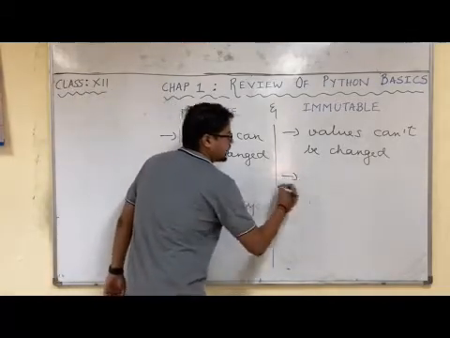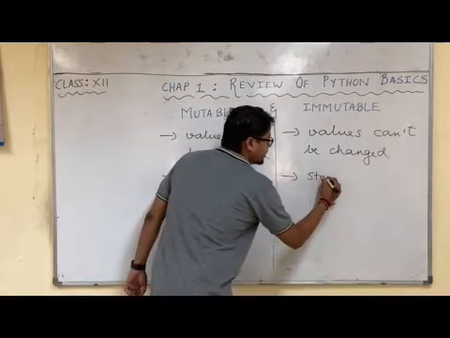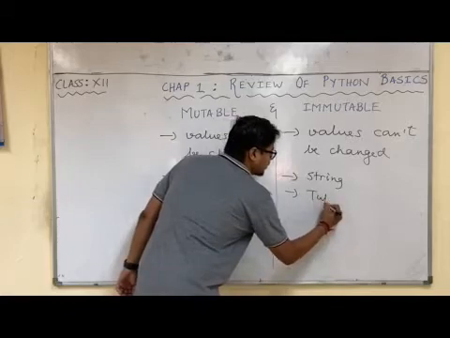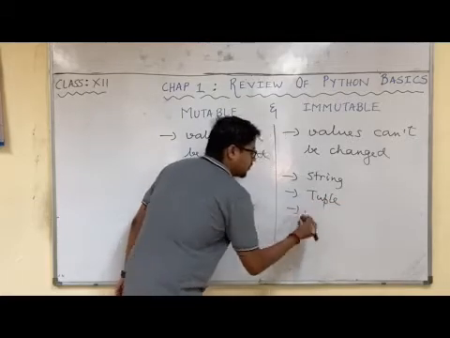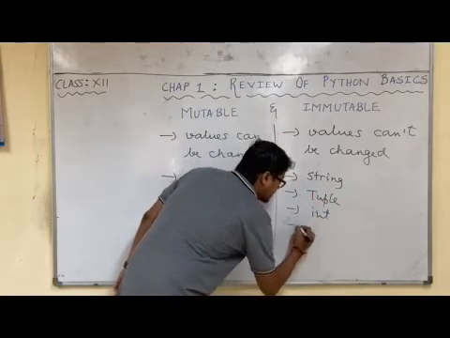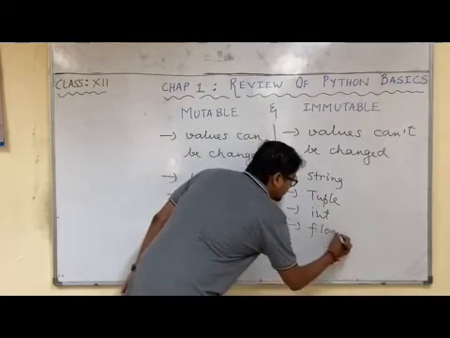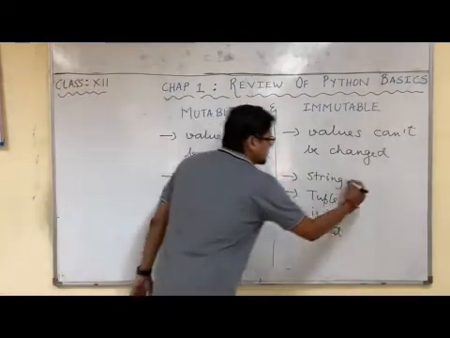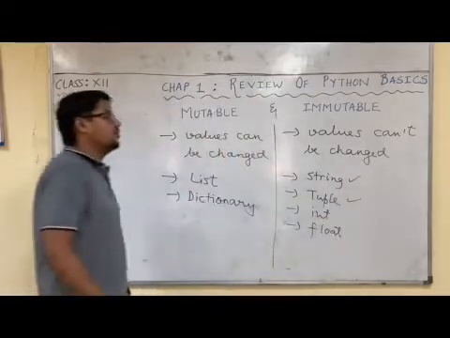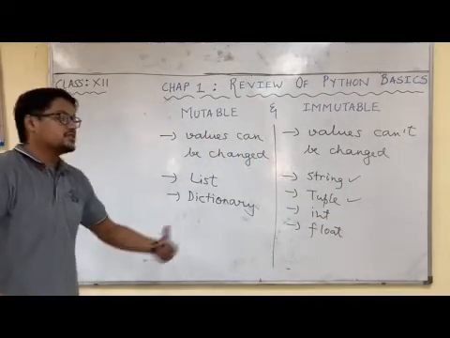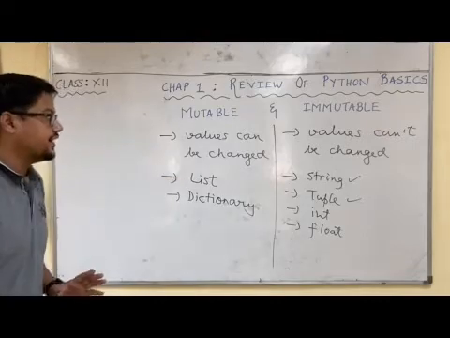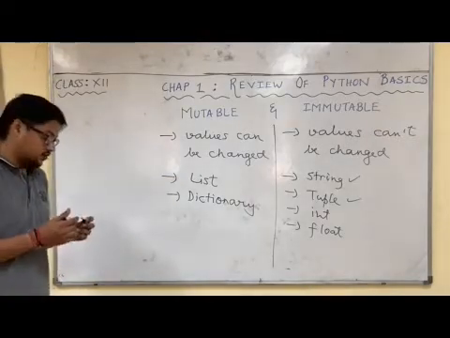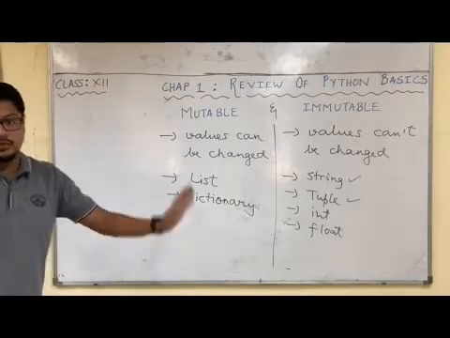The major ones of them are string, tuple, and if we want, we can say integer, float. For example, these values cannot be changed, but the major ones are string and tuple. These are of immutable types. Means once we have defined a string or a tuple, it is not that easy to change its contents or its value. So this was mutable and immutable types.